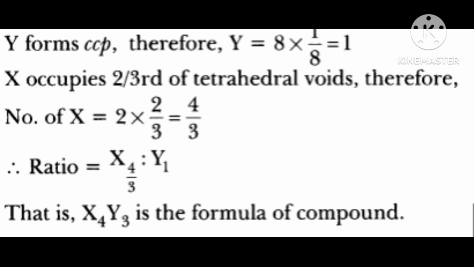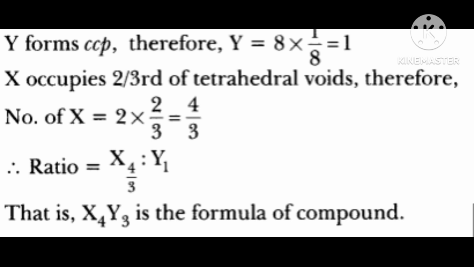It means A is in more number. 2/3 of the tetrahedral voids A occupies, so A is more and B is less. B forms HCP, then tetrahedral voids will obviously be more and octahedral voids will be less.